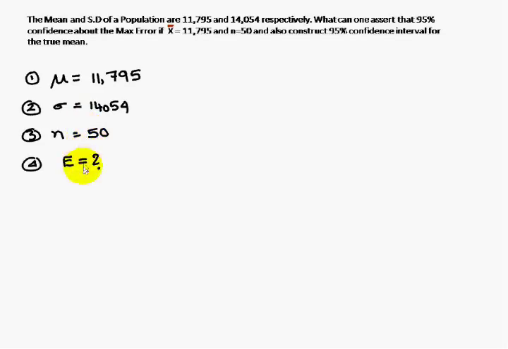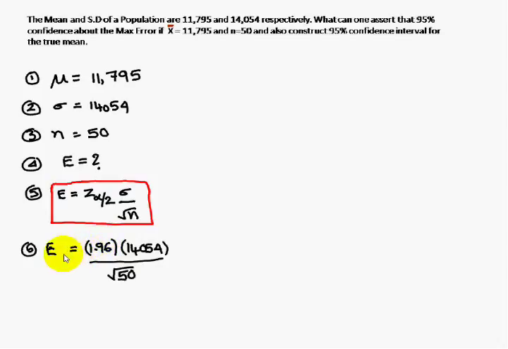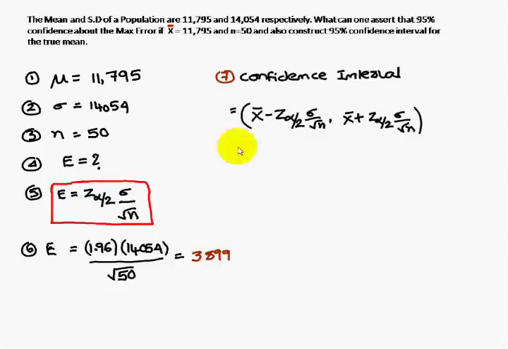You have to find E. Maximum error is nothing but the formula Z alpha by 2 into sigma by root n. For 95%, Z alpha by 2 is 1.96, standard deviation is 14,054, sample size is 50. Therefore you are going to get the error as 3899.